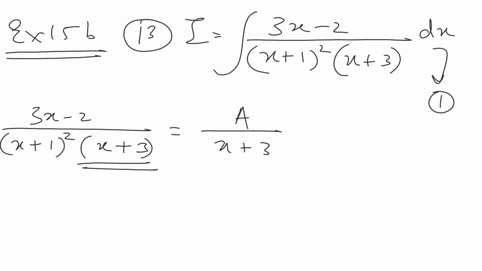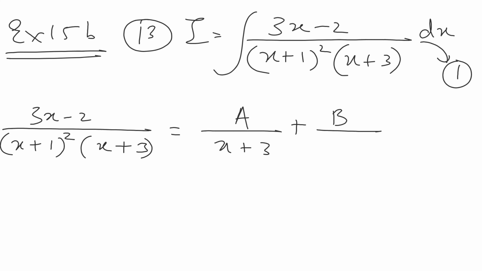So x plus 3 is a linear factor which is not repeated. Okay, so we'll write it down first, then write down the repeated factors. So a upon x plus 3, plus b upon x plus 1, plus c upon x plus 1 the whole square.